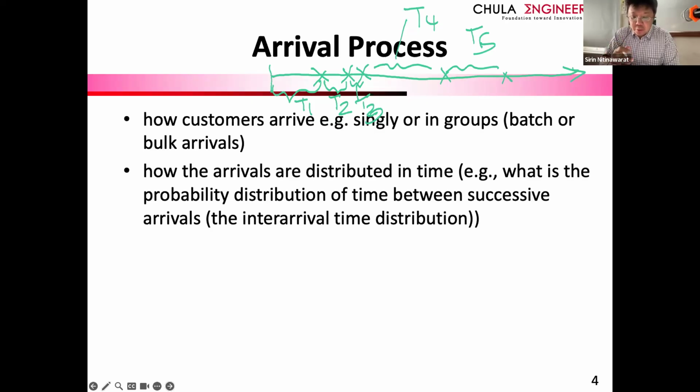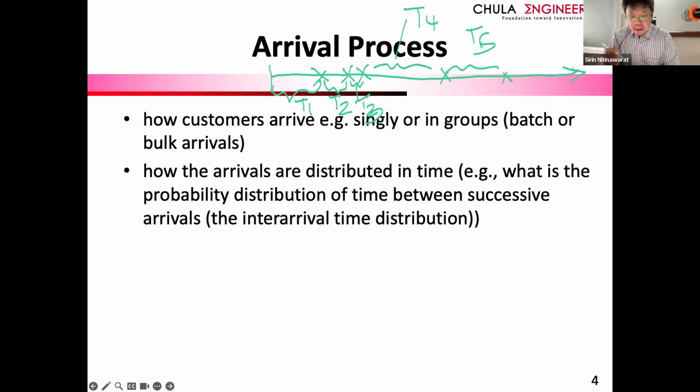And for example, it will be the case for the canonical arrival process called Poisson arrival, where customers are arriving individually, independently. You will see that all these inter-arrival times can be modeled as mutually independent, right?